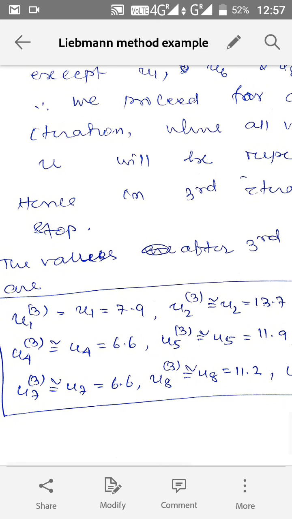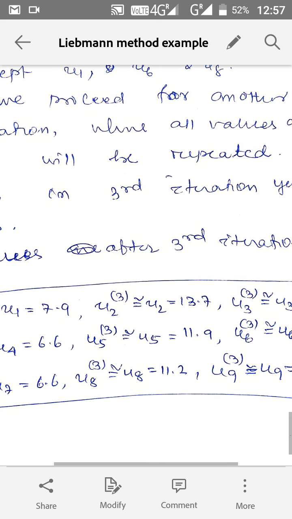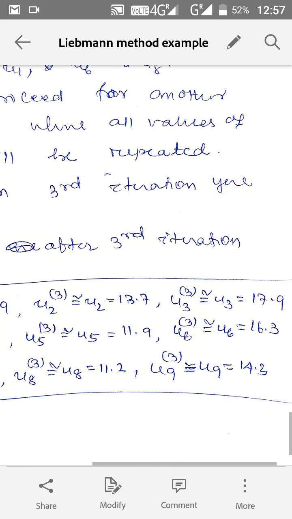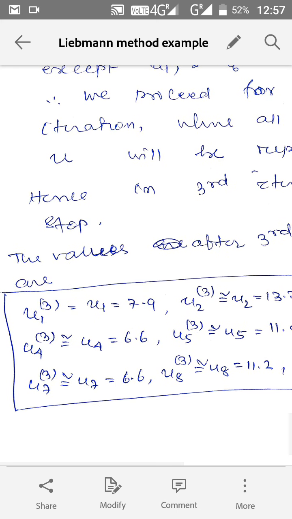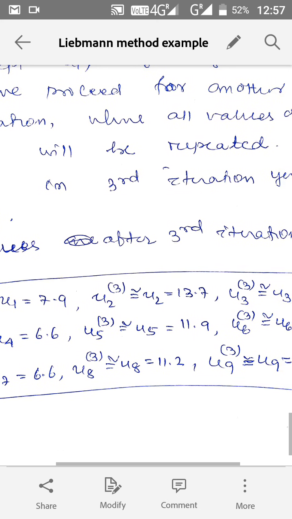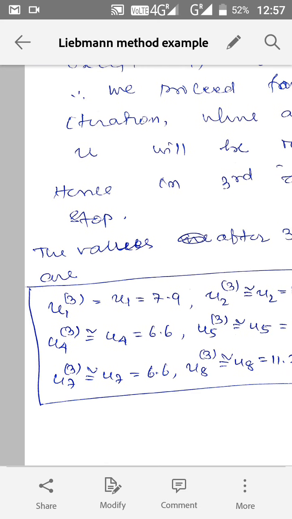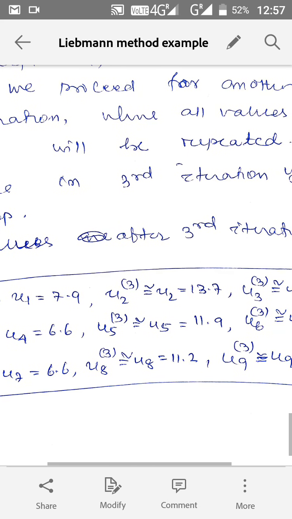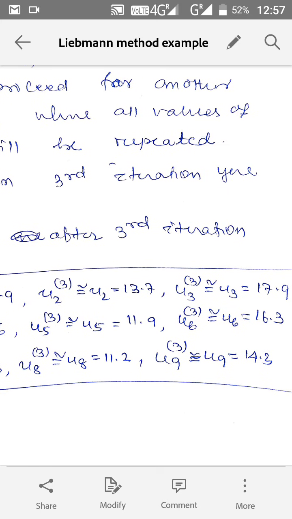If we go for another iteration by considering the second iterated values, we will get the third improved values as: u1 is 7.9, u2 is 13.7, u3 is 17.9, u4 is 6.6, u5 is 11.9, u6 is 16.3, u7 is 6.6, u8 is 11.2, u9 is 14.3.